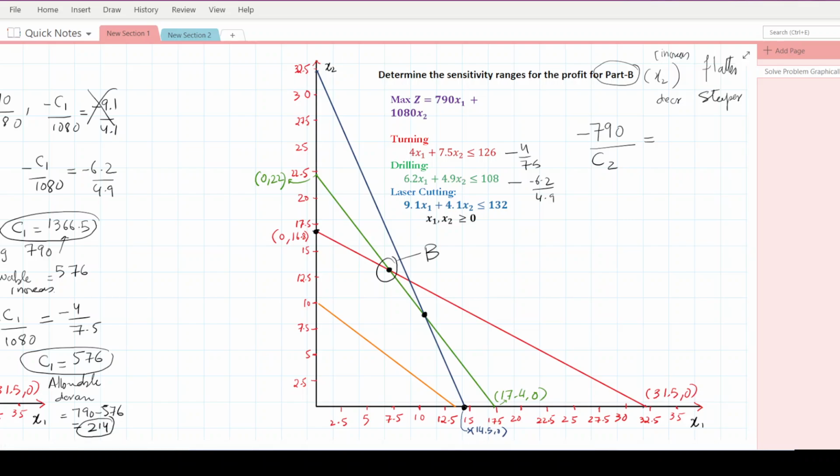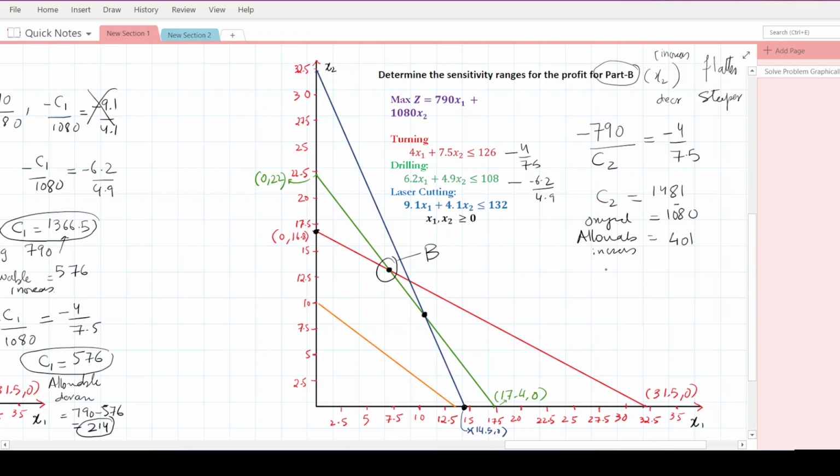So we will put it equal to -4 by 7.5, and we will find C2 is equal to 1481. Now the original value for the problem was 1080. That means the allowable increase is 1481 minus 1080, which is 401. This is the allowable increase.